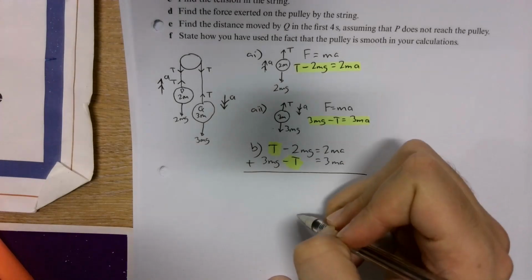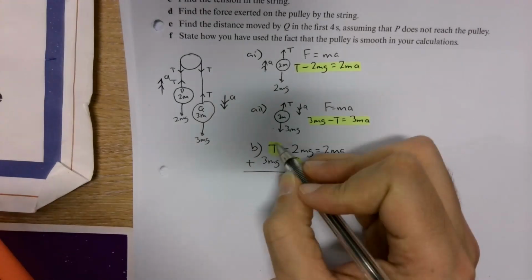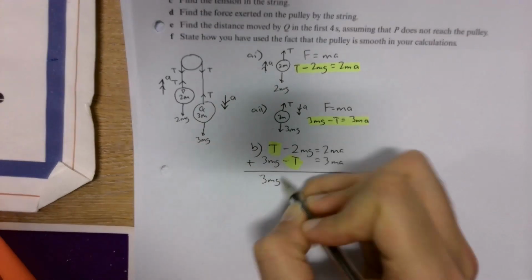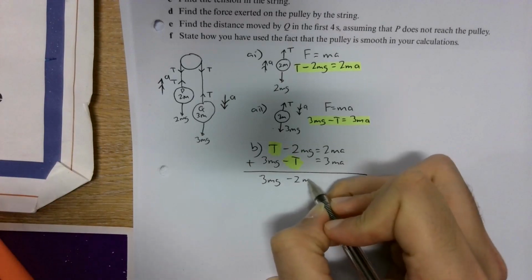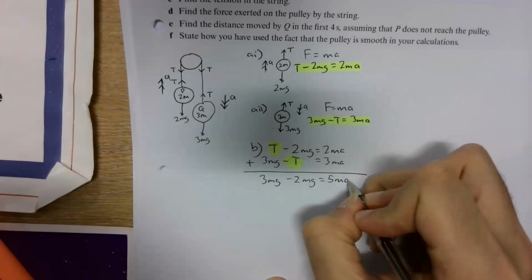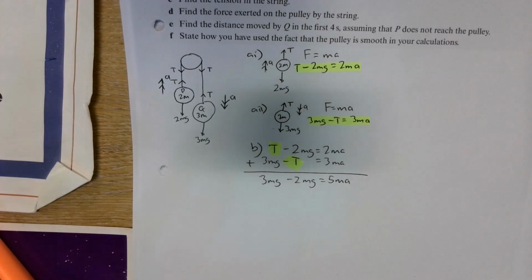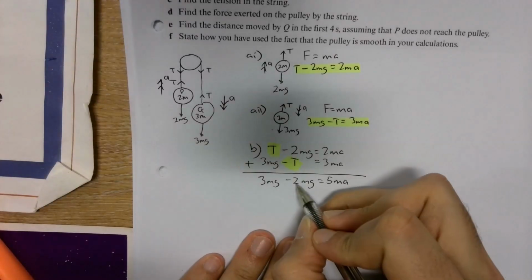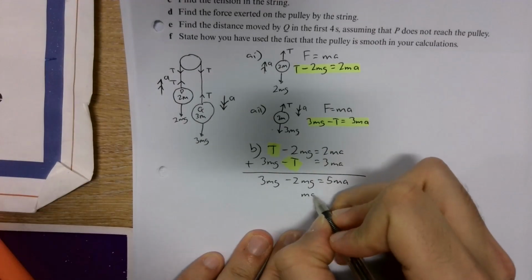So when we do, the t's will disappear, that 3mg will still be there, that minus 2mg will still be there, and 2ma add 3ma is going to be 5ma. So if we simplify that left hand side, 3 take away 2 means I'm going to be left with 1mg equals 5ma.